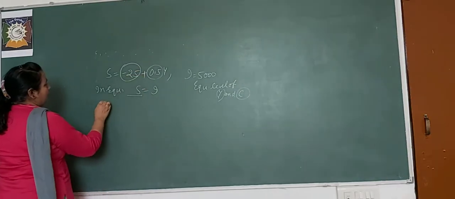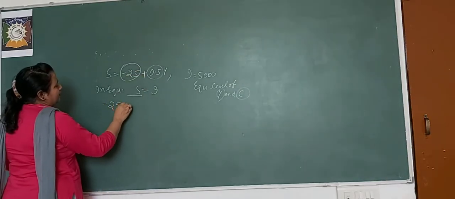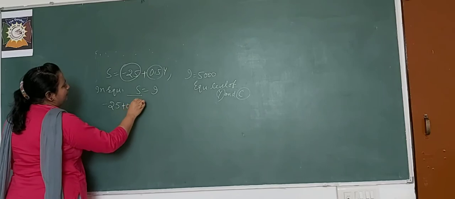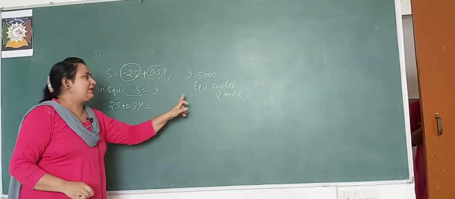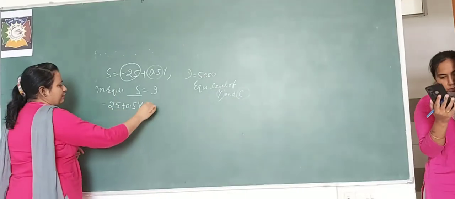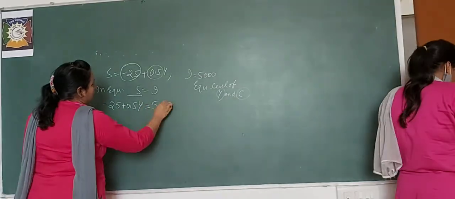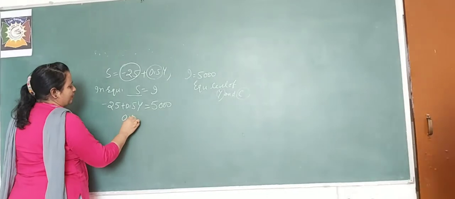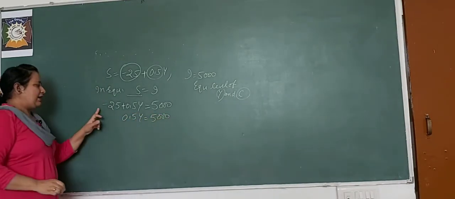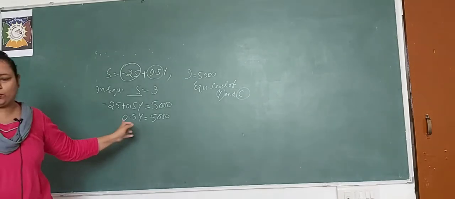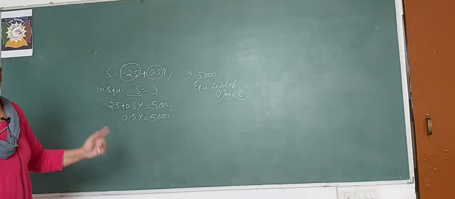So let us start. I will put the value of saving, minus 25 plus 0.5y is equal to what I have to do, investment. Investment कितनी है बेटा, I have 5000 investment. So I will find 0.5y equal to 5000 and here minus 25, what it will be, वहाँ पर जाकर ये किसका हो जाएगा, प्लस.